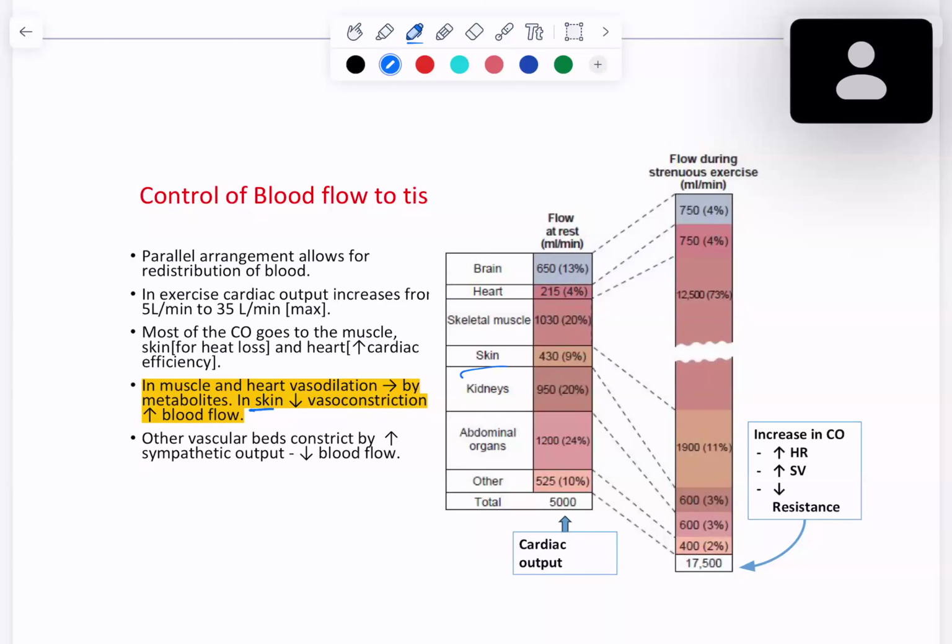For example, your kidneys are not really required during exercise, so here the flow decreases. Your abdominal organs, you also don't need them when you're exercising, so the resistance there will increase and flow will decrease over there. But overall, the effect on the entire vascular system is that the resistance will decrease when you're exercising, okay?